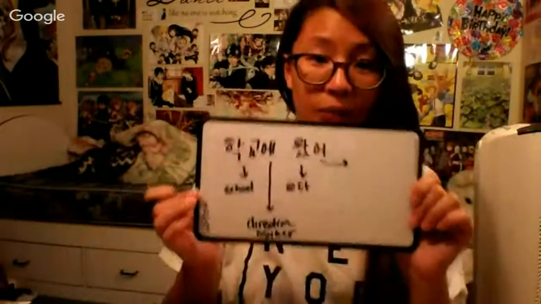So this sentence itself is informal because it doesn't have 요 at the end. A sentence will be formal if it has 요 or 습니다, 입니다, or 니까, something like that. So yeah, 학교에 왔어.